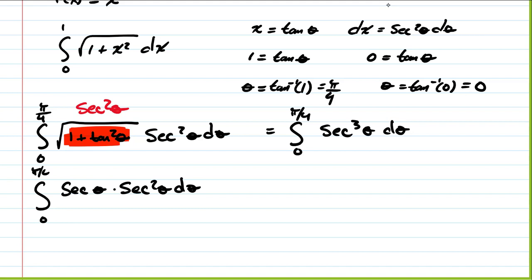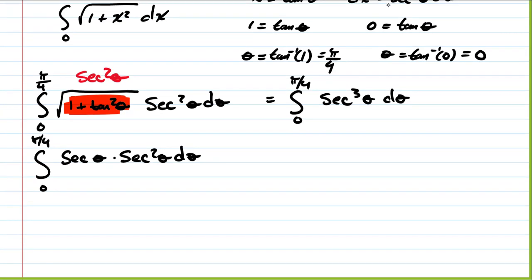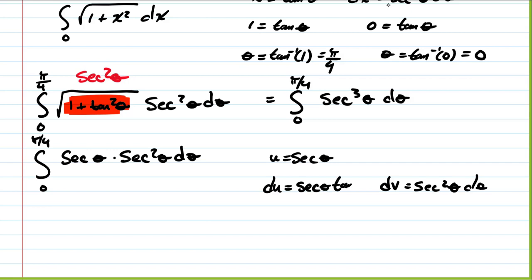So what we're going to do is choose integration by parts. We're going to pick u to be secant theta, and we're going to pick dv to be secant squared theta d theta. So then du is, the derivative of secant is secant theta tangent theta, and the integral of secant squared is tangent theta.